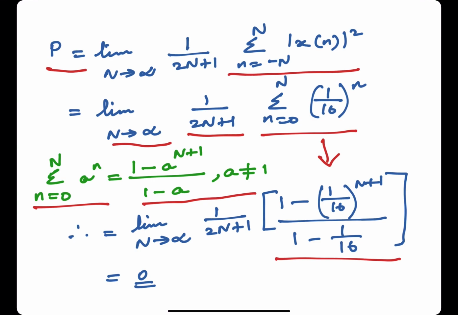So this square bracket will work out to some fractional value, and here as n tends to infinity, we have to substitute n as infinity. So 1 by infinity, this power becomes 0 here. So hence we can conclude that it is an energy signal.